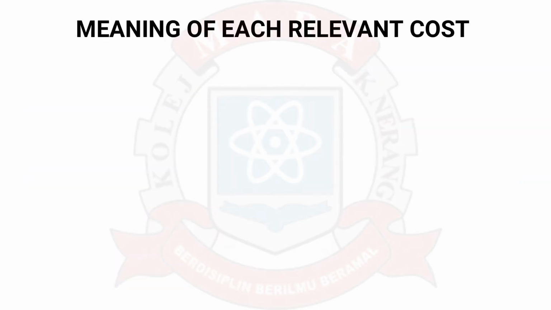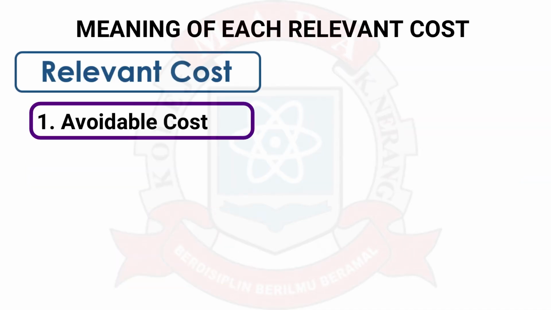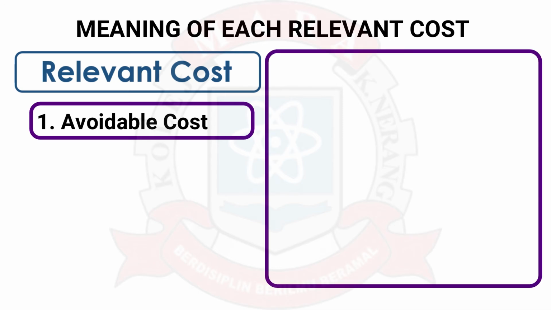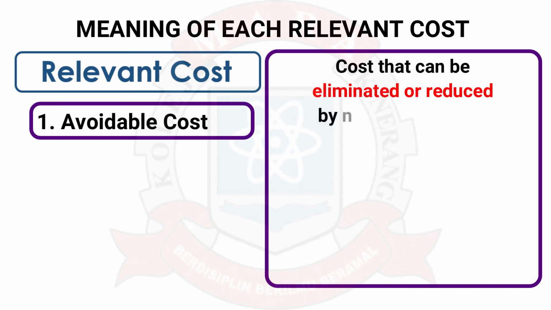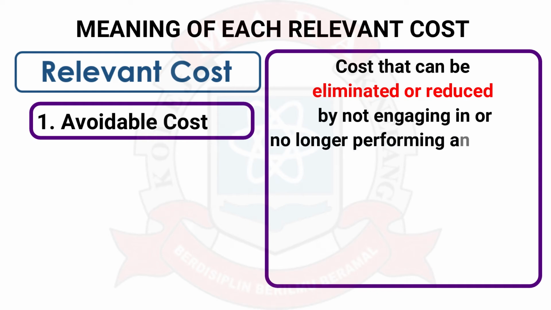Let us move on to look at the deeper meaning of avoidable costs. Avoidable cost is the cost that can be eliminated or reduced by not engaging in or no longer performing an activity.